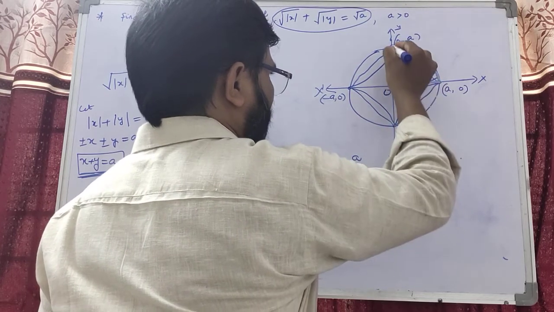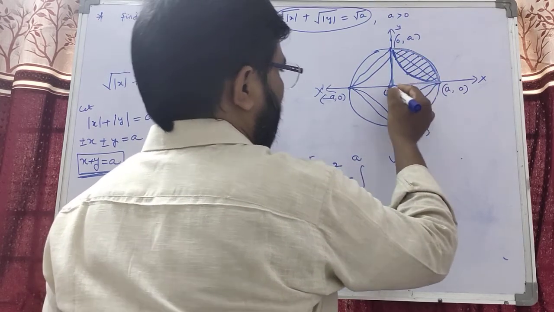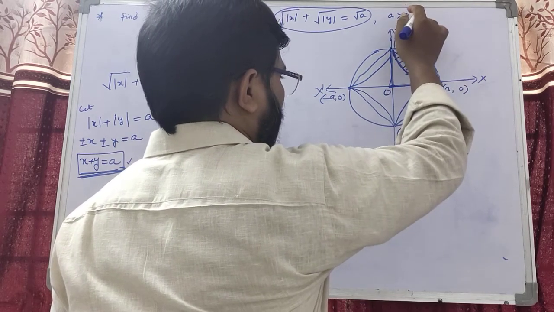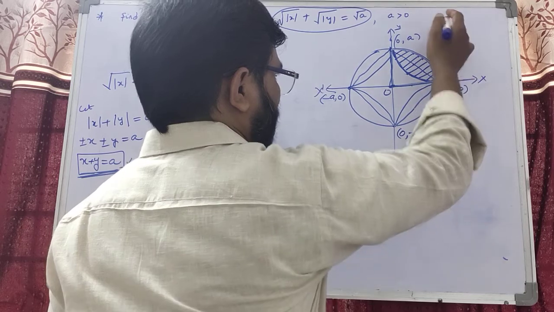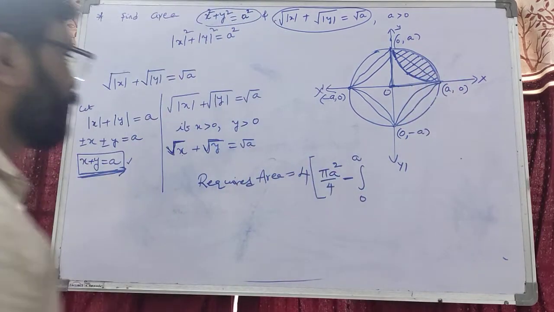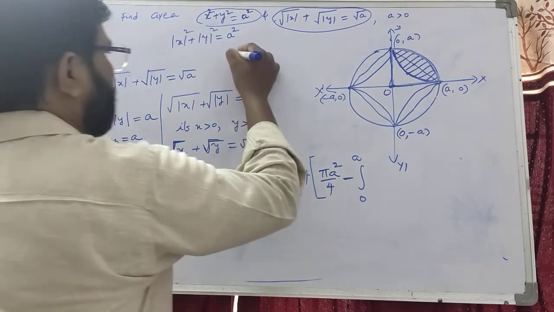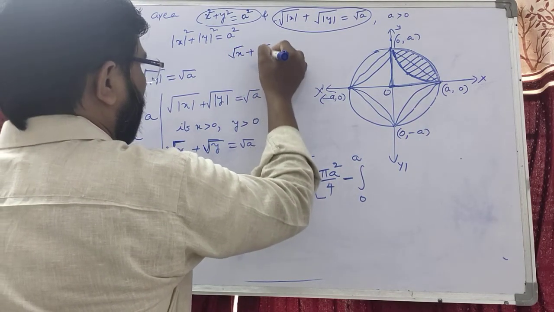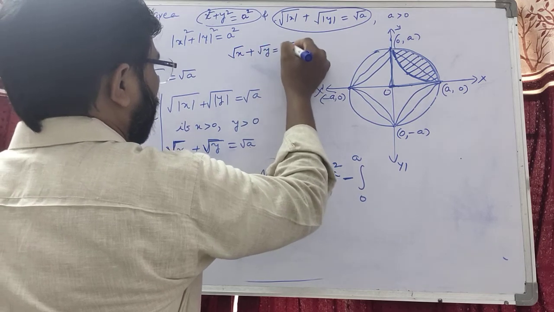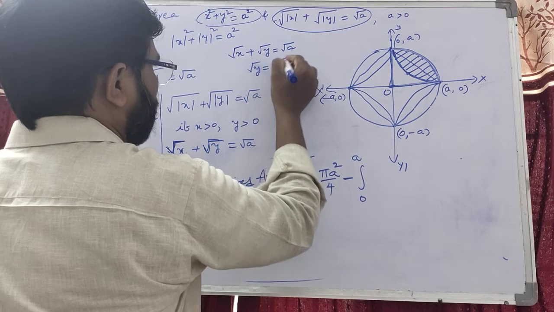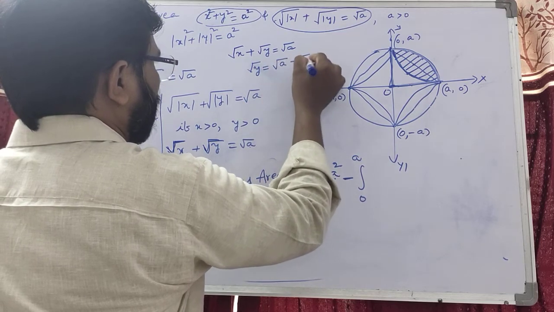This curve is bounded by the y-axis and x-axis. Bounded by the y-axis means x equal to 0, and this line is x equal to a, this is x equal to 0, and this is the curve. How to get the curve? Root x plus root y equals root a in the first quadrant. Now we can write root y equals root a minus root x.